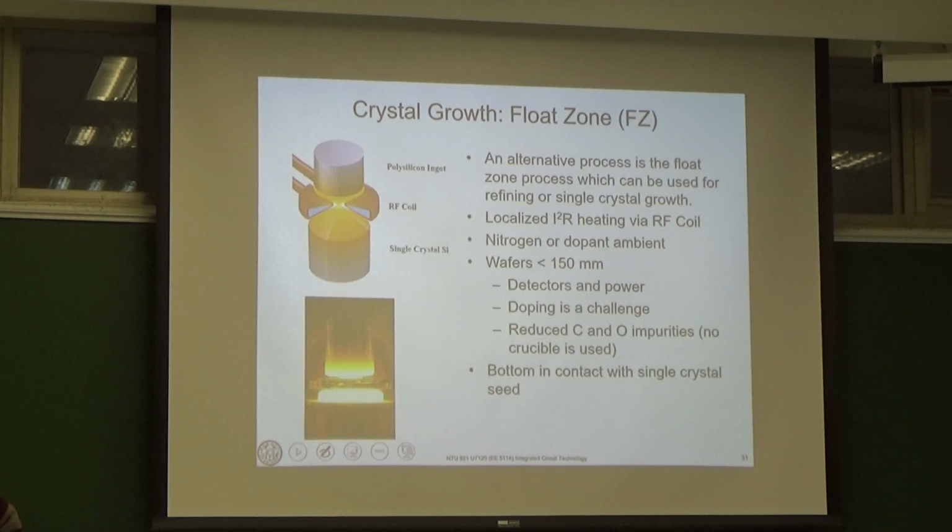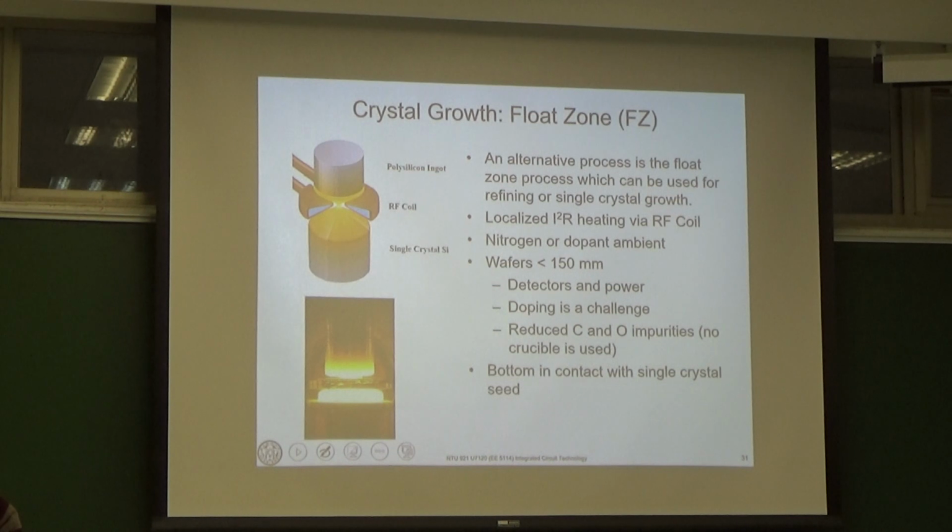And there's another way to purify and to make the polycrystalline silicon into single crystalline silicon. This alternative process is called the float zone process, FZ.